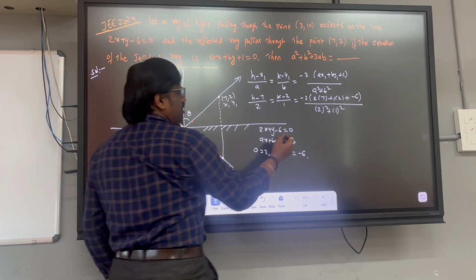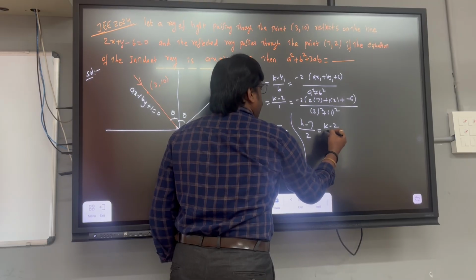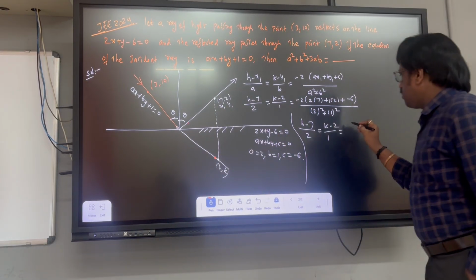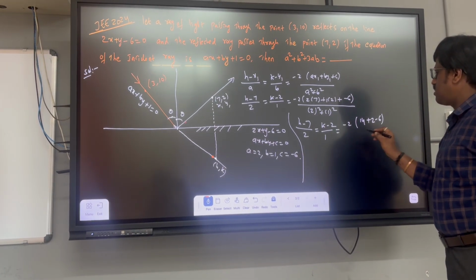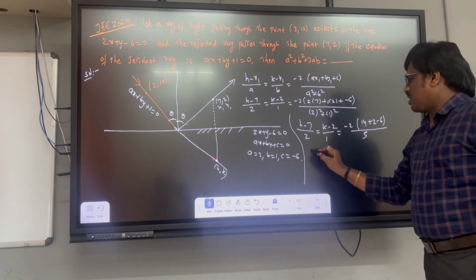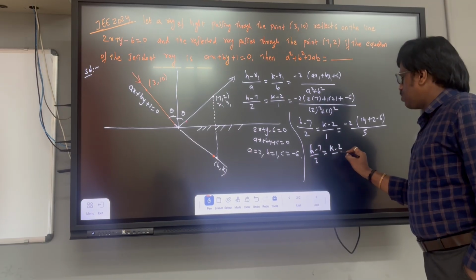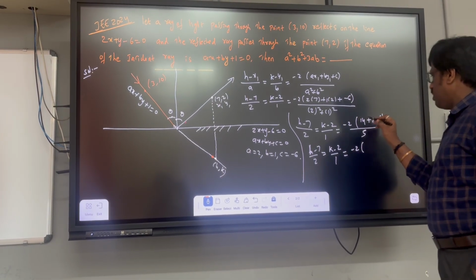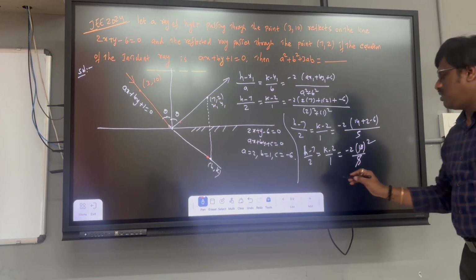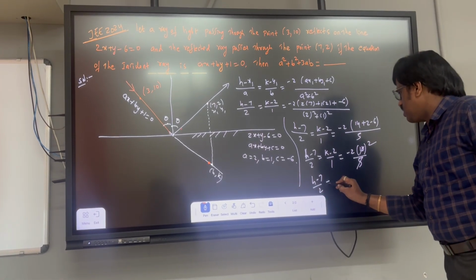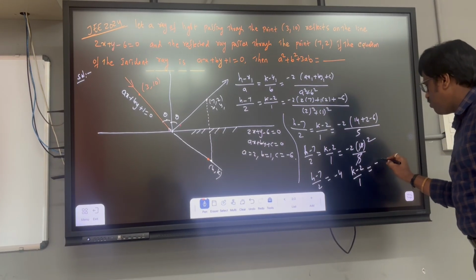Now if I simplify this, (h - 7)/2 = (k - 2)/1 = -2(14 + 2 - 6)/5. So (h - 7)/2 = (k - 2)/1 = -2(16 - 6)/5, that is 10/5, the 5 and 2 cancel. (h - 7)/2 = -4 and (k - 2)/1 = -4.